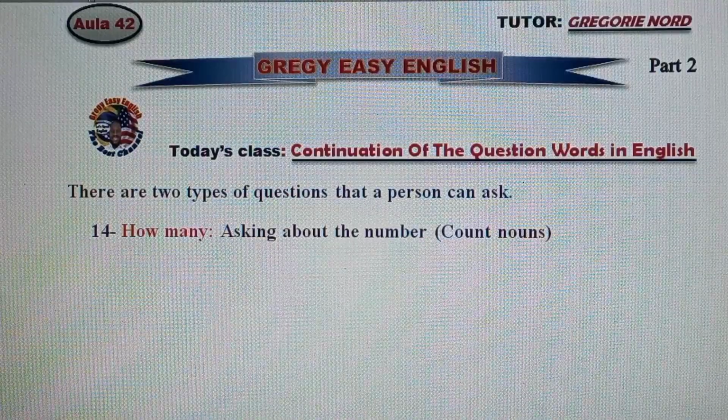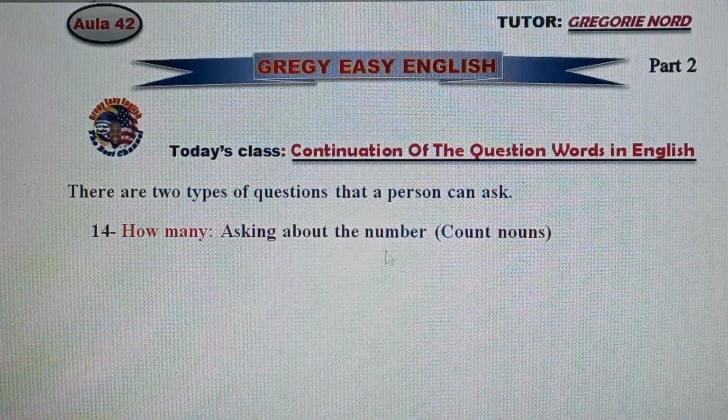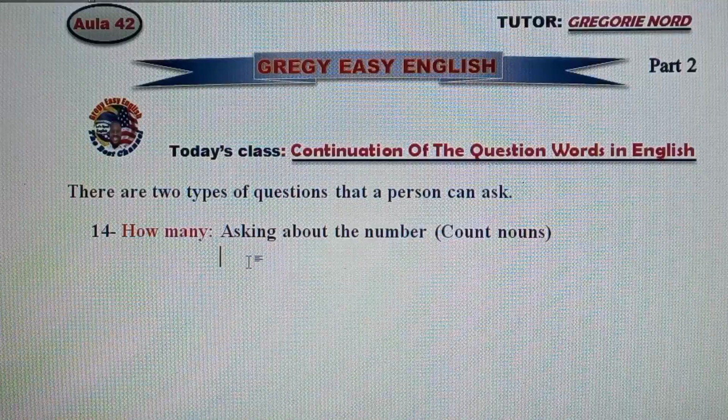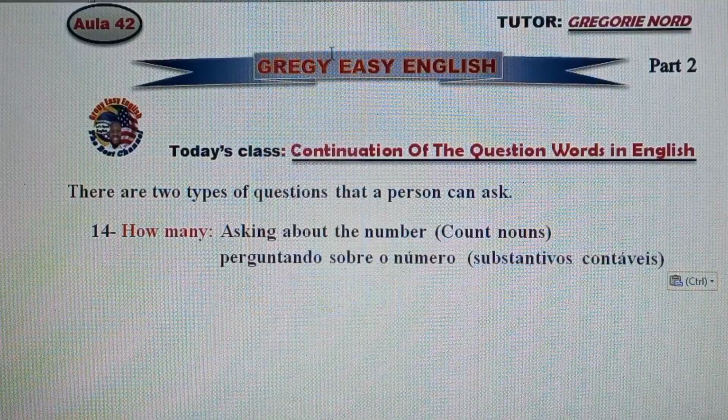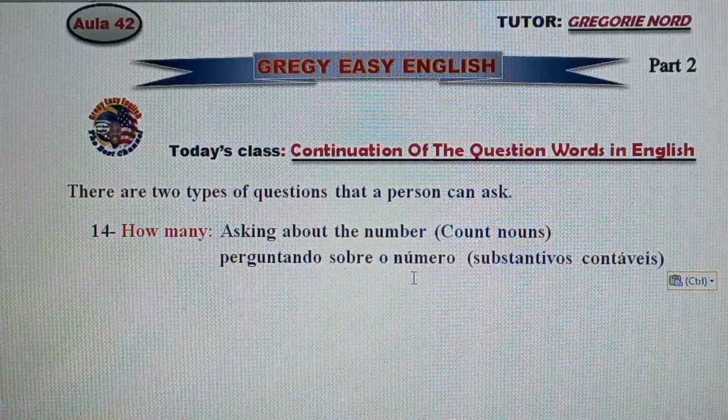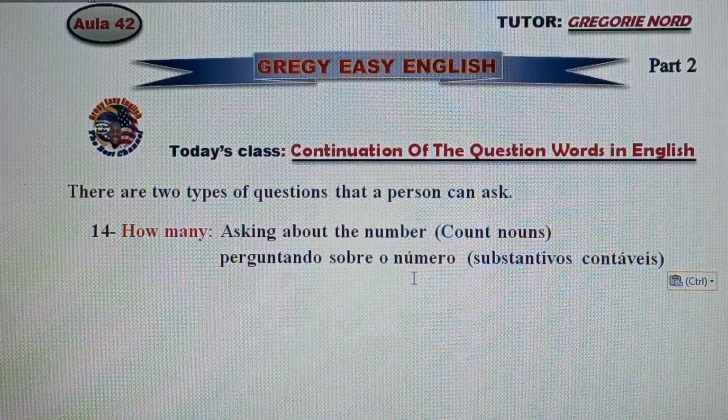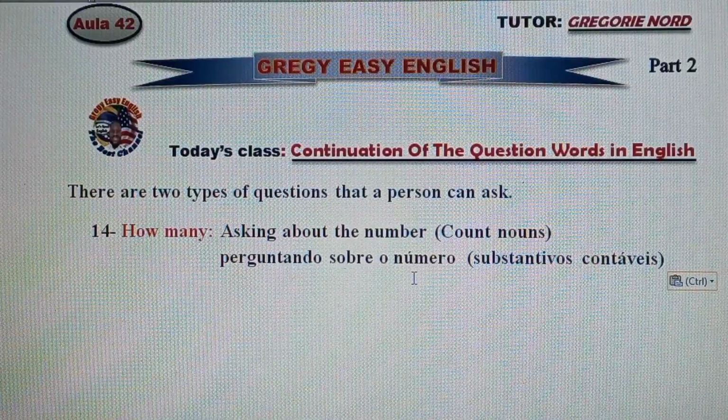Significa o que, pessoal? Vamos lá, vamos ver. Tá, olha aí. How many asking about the number, but count noun.